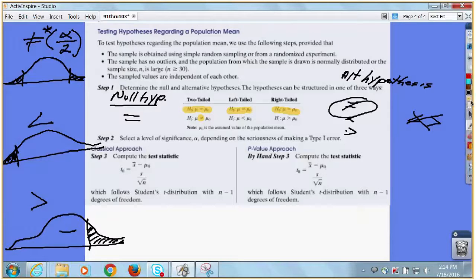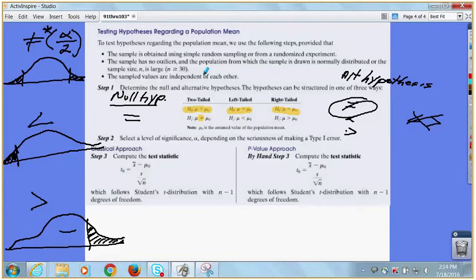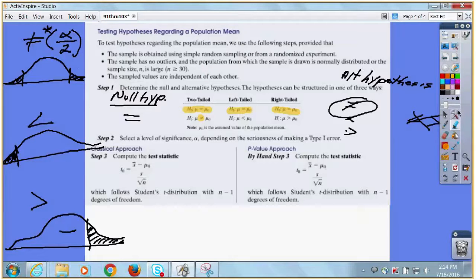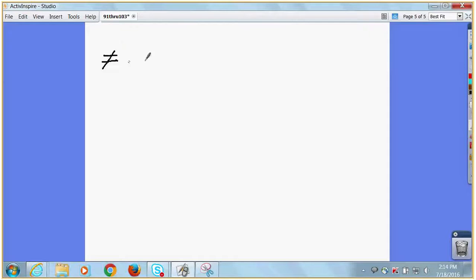Alright, so let me go over it one more time on a clean sheet of paper. For equal sign, not equal sign, that's a two-tailed test.